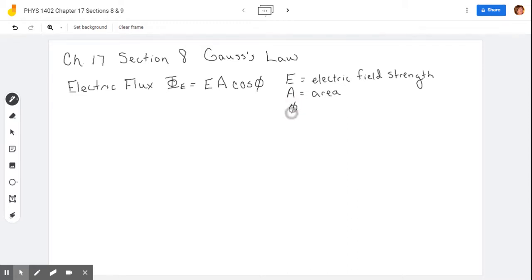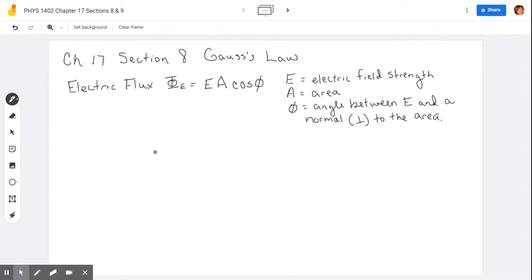And phi is the angle between the electric field and a normal. Remember, in physics, normal means perpendicular to the area.